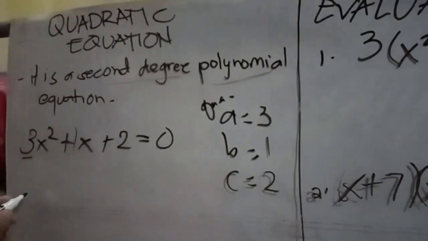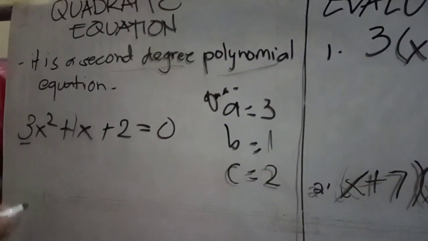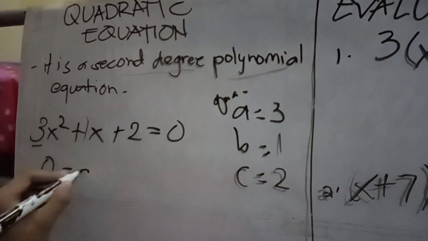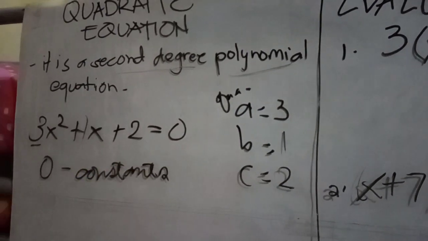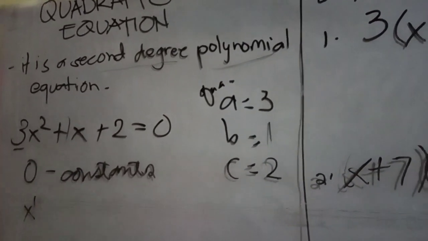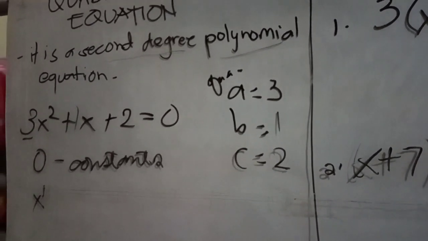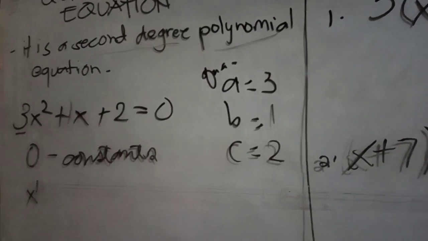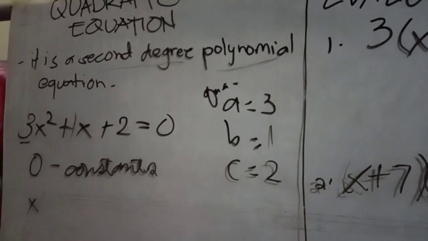So now, based on the degree, 0 is a constant, or any number without variables. So now, x has an equivalent exponent of 1, but in other problems we don't need to write 1.